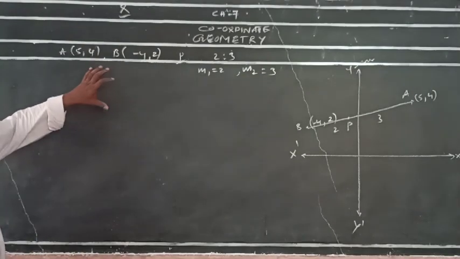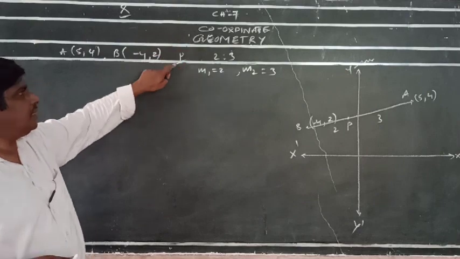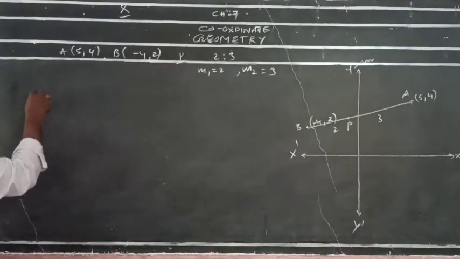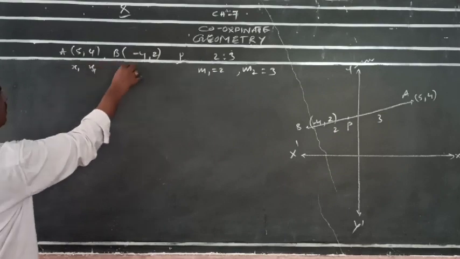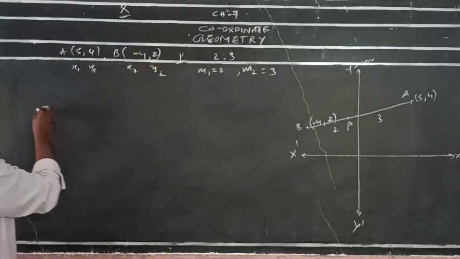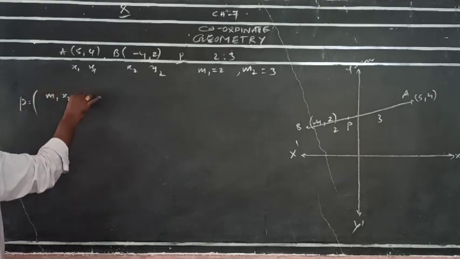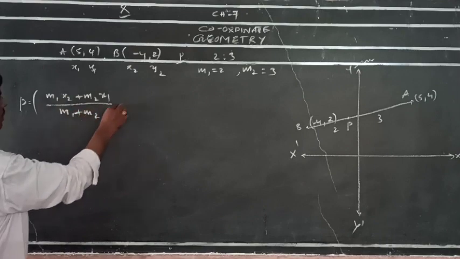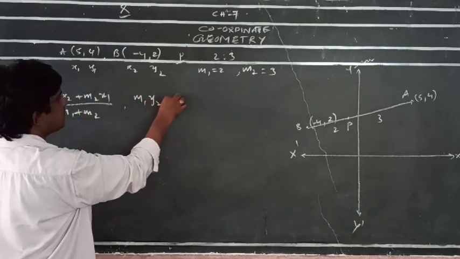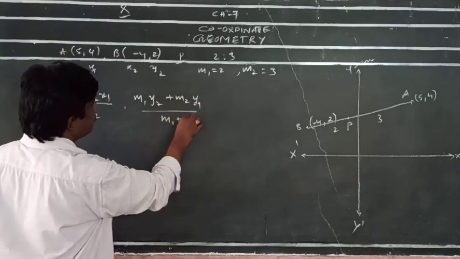By using the section formula, we can find the coordinates of the point P. So x1, y1, x2, y2. P is nothing but (m1x2 + m2x1)/(m1 + m2) and (m1y2 + m2y1)/(m1 + m2).